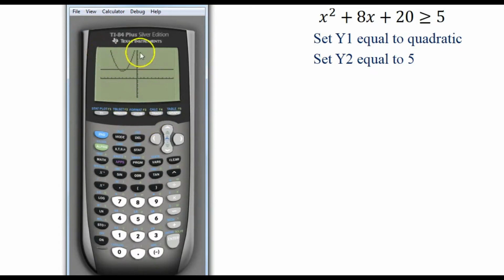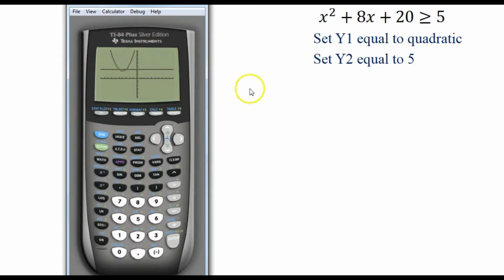You can see there's my quadratic and there's my y equals 5. The solution to this is when our quadratic is greater than or equal to 5. So everything up here, I know that this is going to be my solution set.